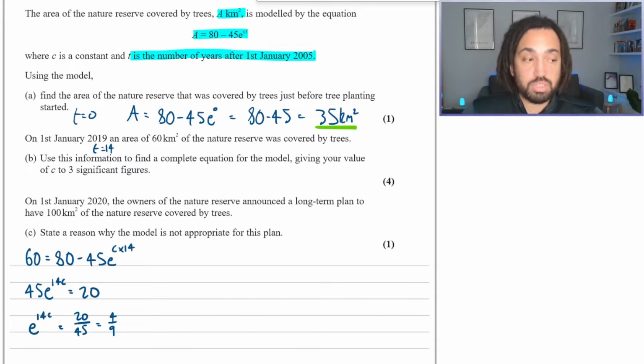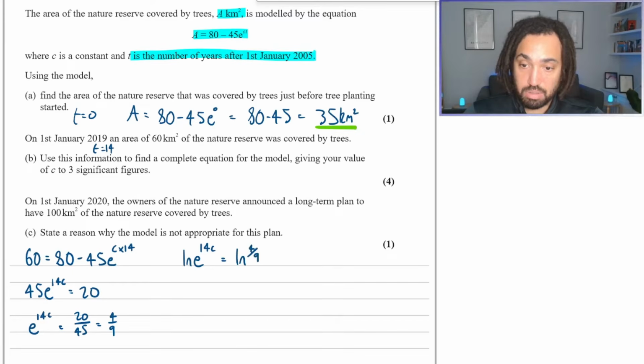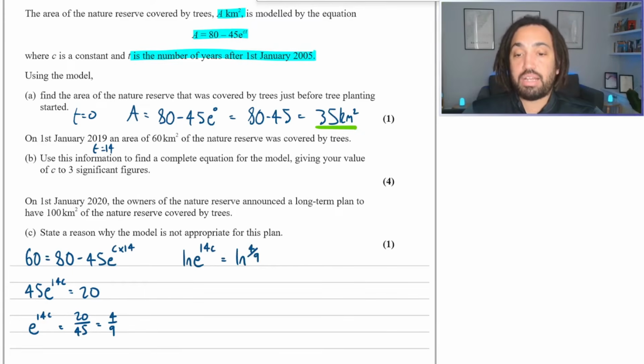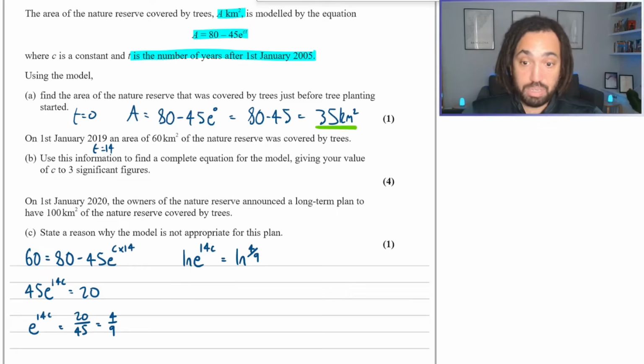Okay, so what's the inverse of taking e to the power of something? Well, it's taking ln of both sides. So I'm going to ln both sides like so. And this will completely cancel out and it will bring the 14c down. So I get 14c is equal to ln of 4 over 9.